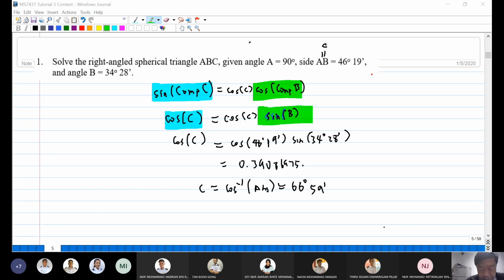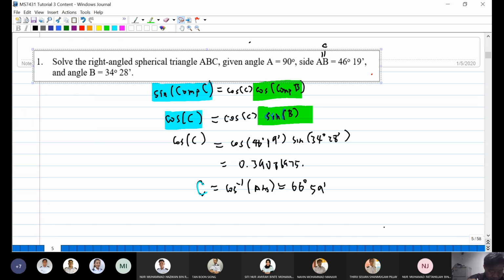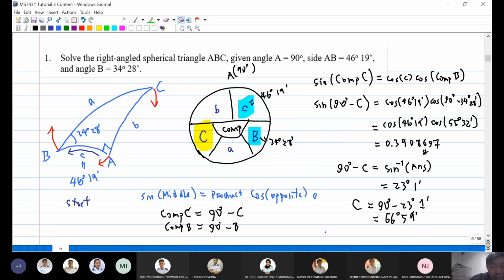Okay, so now I move on to the next part. I show you how to find the side angle C now. This is the angle C, so just make sure it is the big capital letter C. Now let's continue to find the rest.